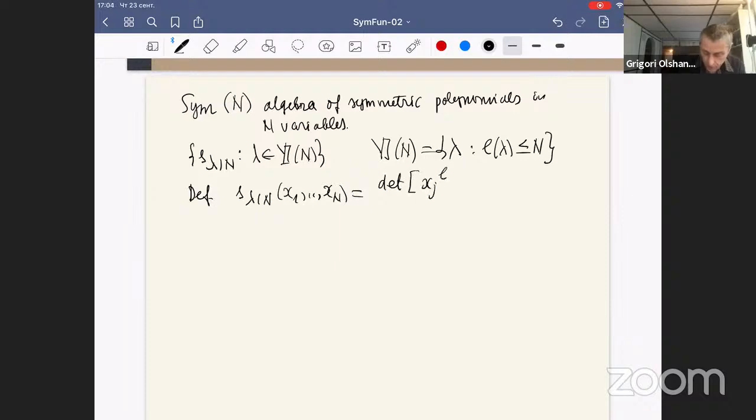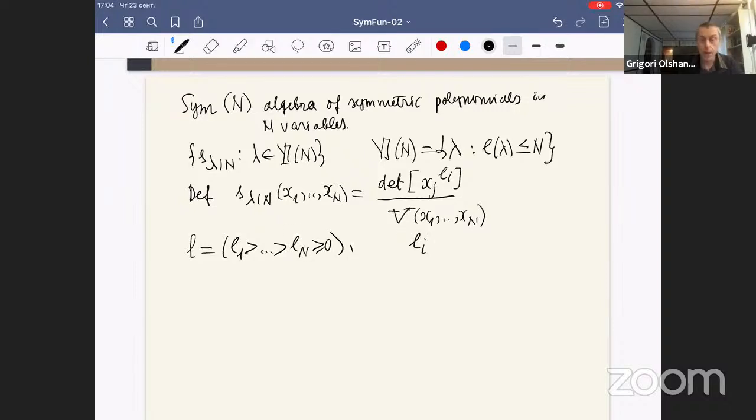One is this one, and in the denominator you have the Vandermonde determinant. And here I use the notation L, which is L1. And by definition, L sub i is lambda sub i plus n minus i. Okay.